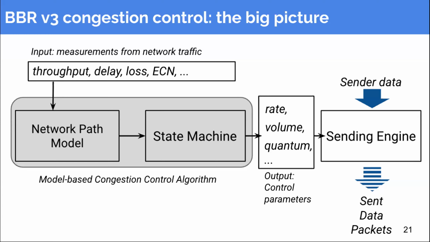Every time through that stack, they want to send a large burst so that they can make a fewer number of executions of that transmit path. And so that's what the quantum parameter is about.